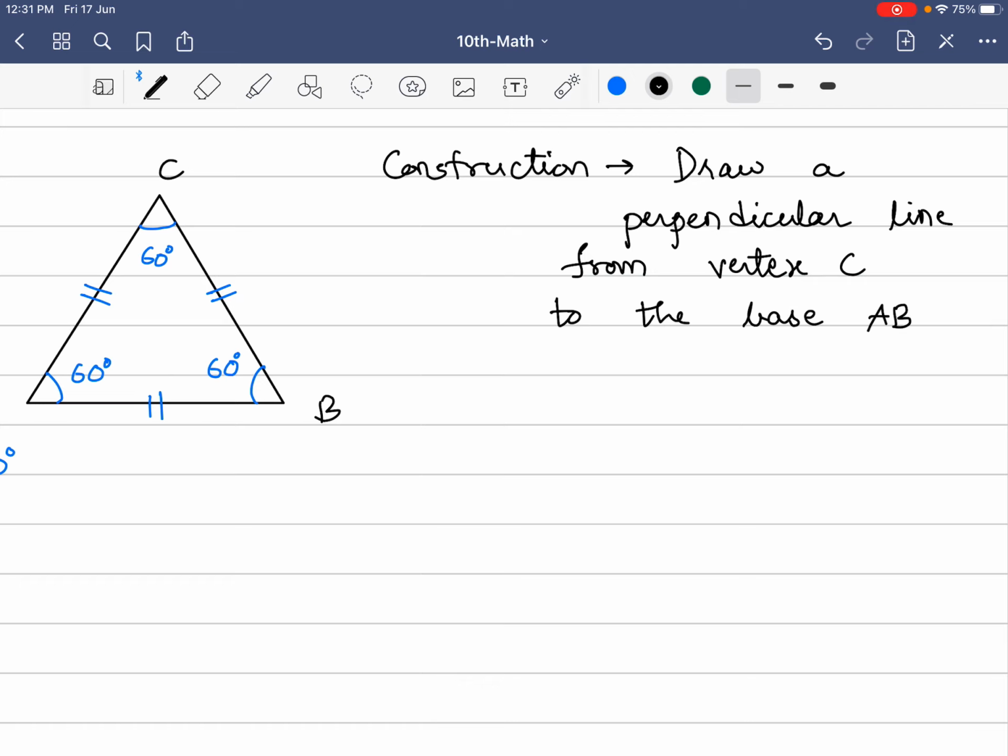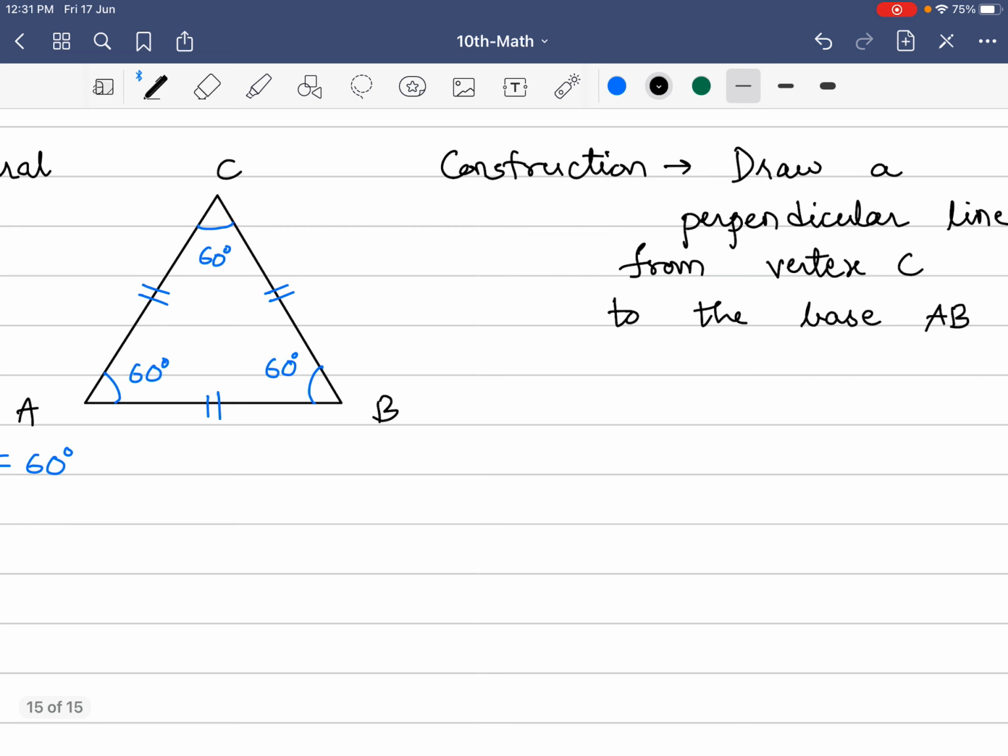So this is our equilateral triangle ABC. Now the construction that I'm going to do is draw a perpendicular line from vertex C to the base AB. This is how the perpendicular line is going to come, and this is going to be perpendicular here. Let's assume that this meets the base AB at point Q. So ABC is my original equilateral triangle, and I'm constructing a perpendicular line which intersects AB at point Q.